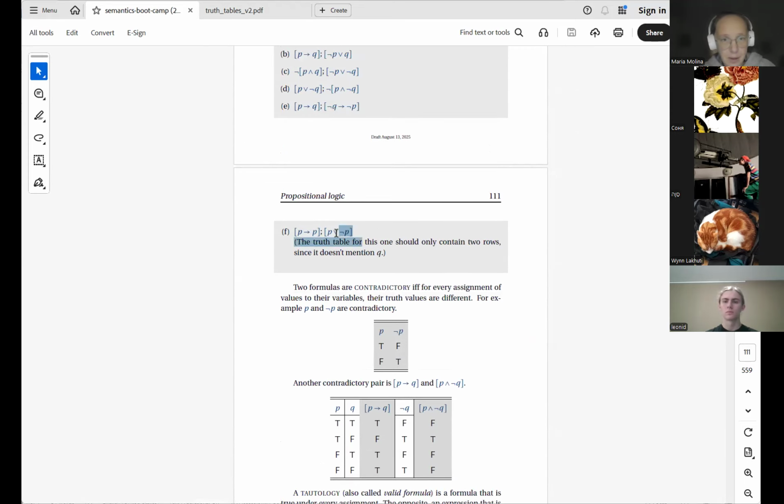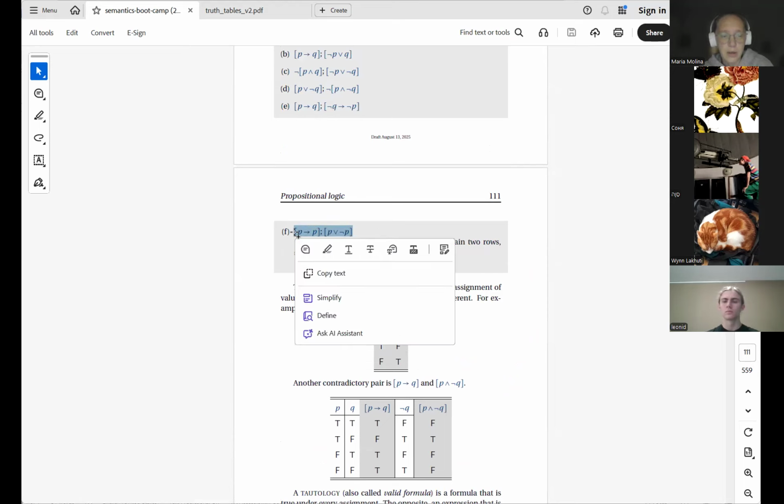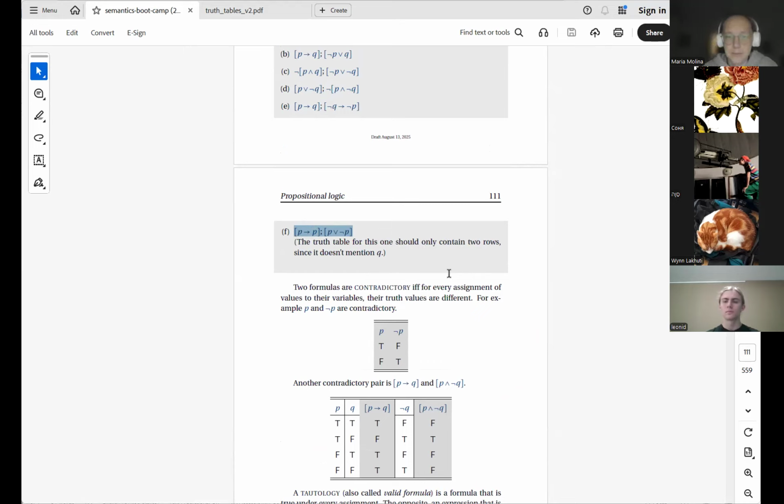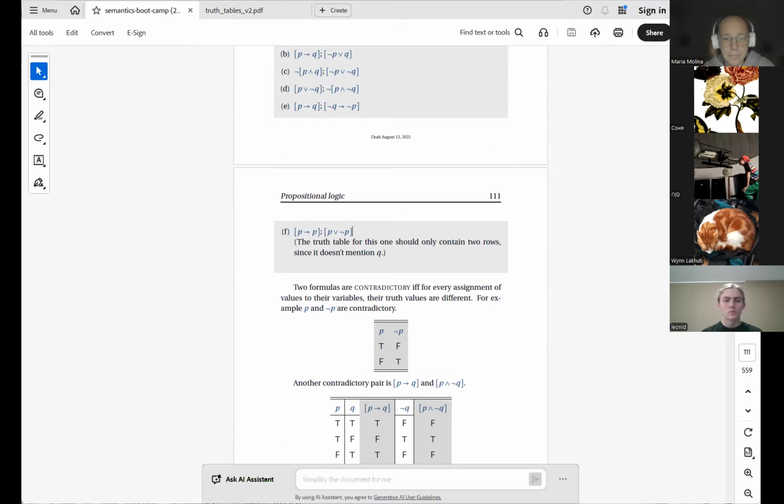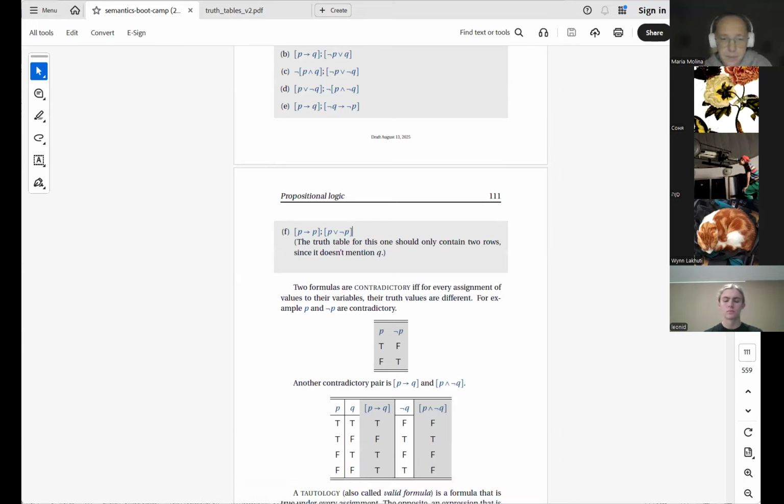And the last one: P to P, P or not P. What do you say? I don't understand what P to P is. If P, then P. If it rains, then it rains.